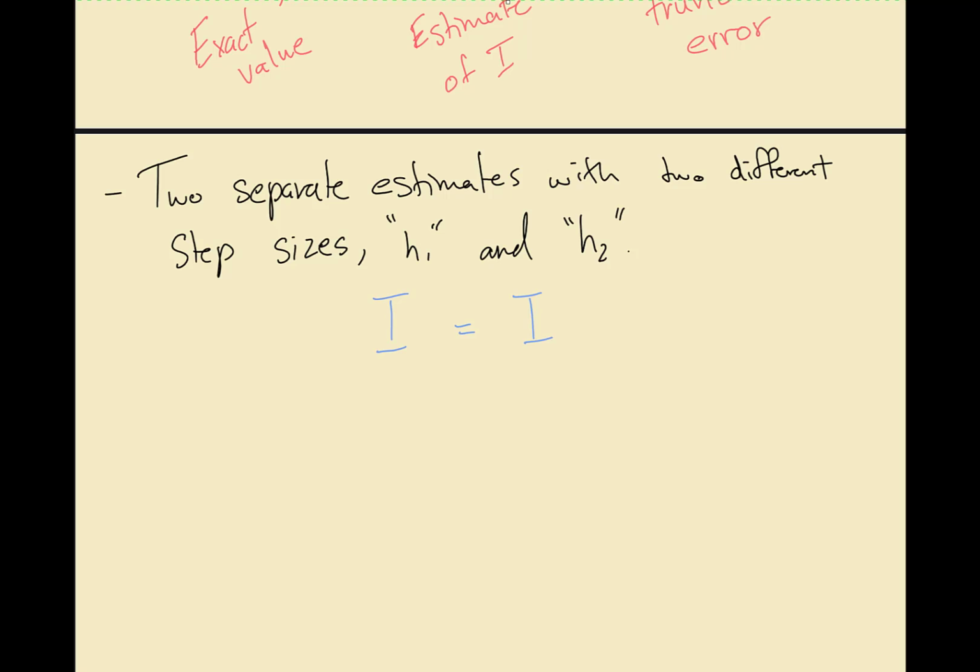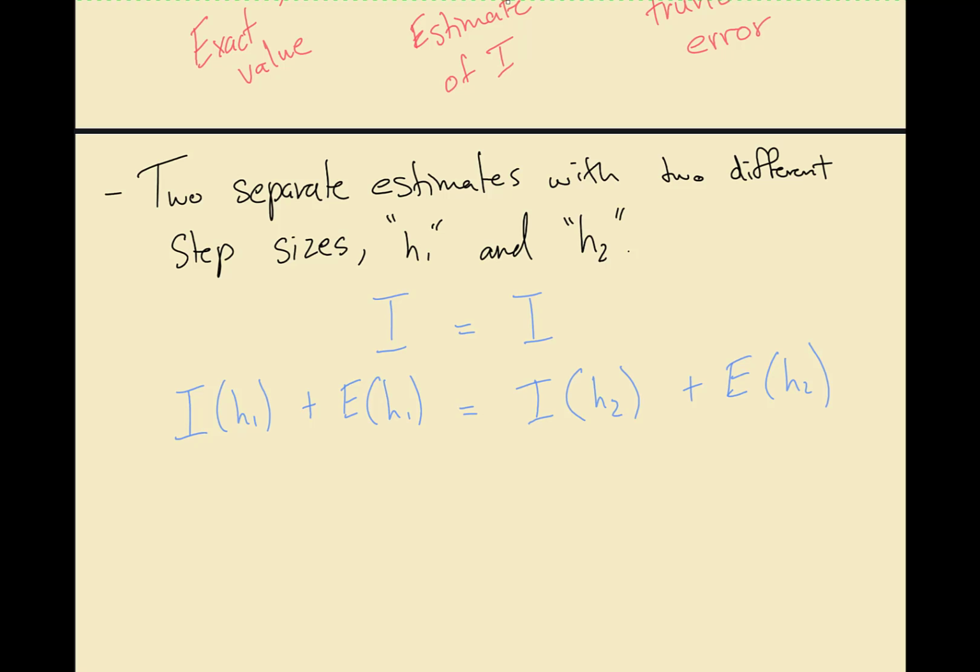So on the left side, I'm going to write I h1 plus the error E h1, equals I at h2 plus the error E h2. Then we're going to look at the error equation for the trapezoidal rule and find the ratio between E h1 and E h2.